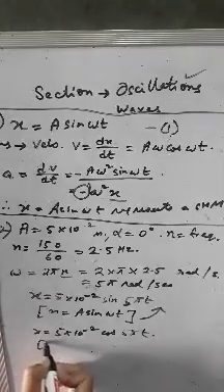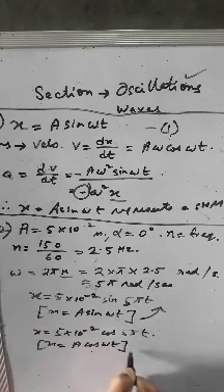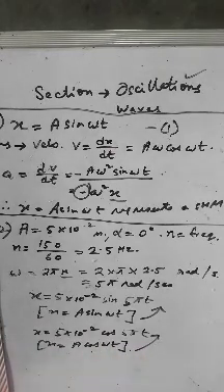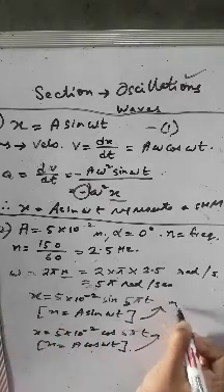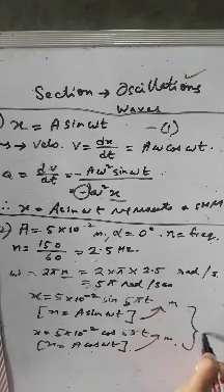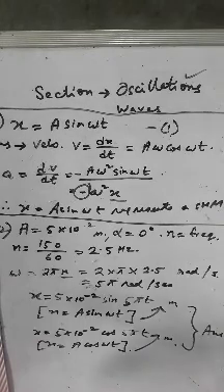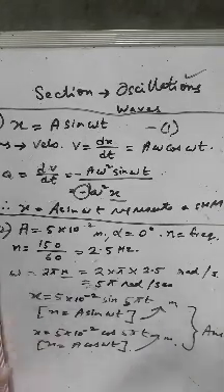I'm writing here x equals to a cos omega t. And please don't forget to mention the units, that is meter. So these two are the answers. These are the equations for the displacement.